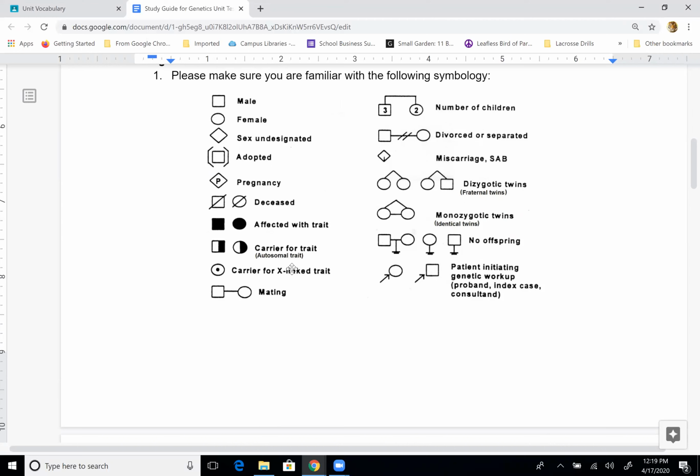Okay, so if you have an X-linked trait and you're a woman, usually it means you're a carrier because you have two X's, so your healthy X is usually able to mask over the diseased X if we're talking about a disorder.